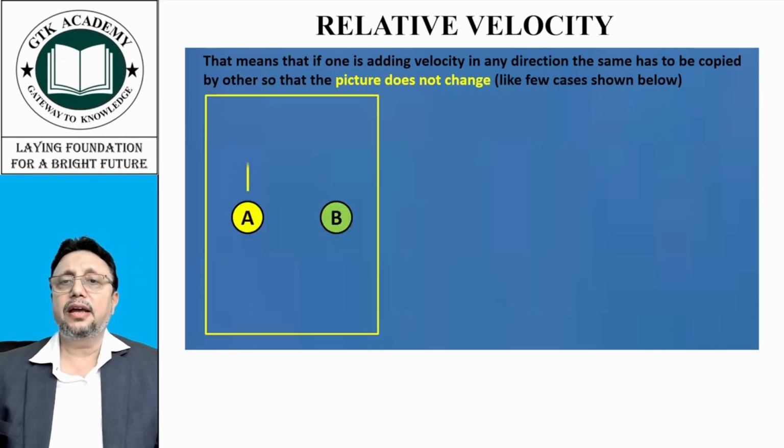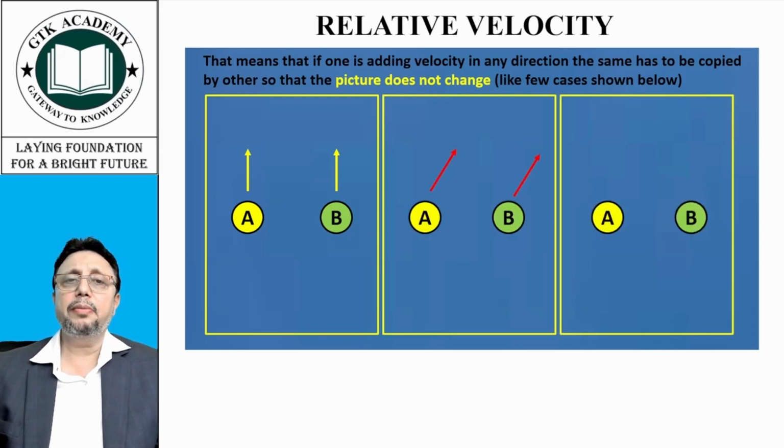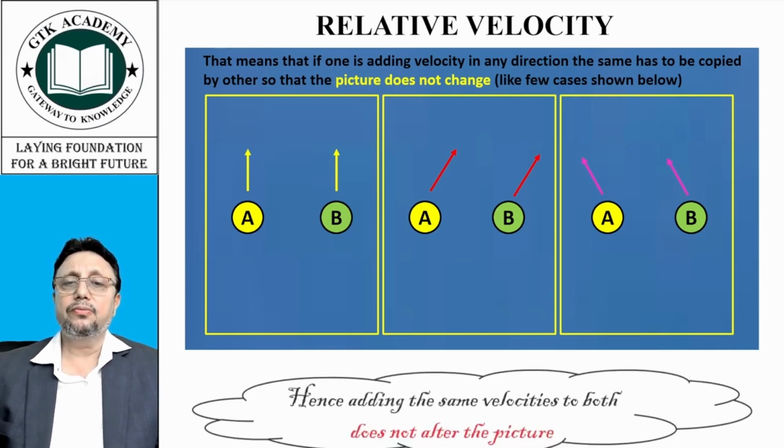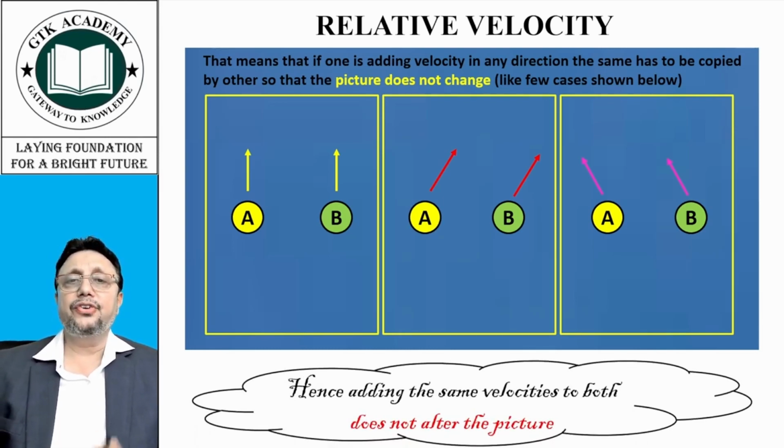If these are A and B, if A is given a velocity and B is also given the velocity in the same direction, the picture will not change. A in this direction, B in this direction, again the picture will not change. If A has the velocity shown by the purple arrow and B also the same velocity, the picture will not change. Hence adding the same velocity to both does not alter the picture.